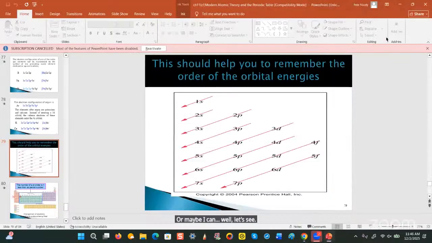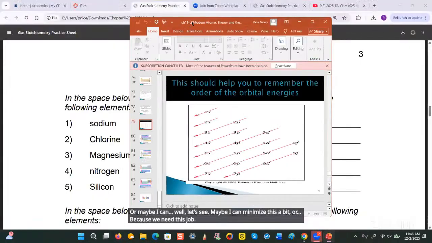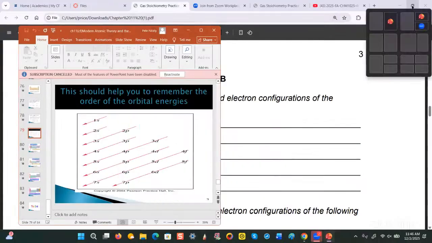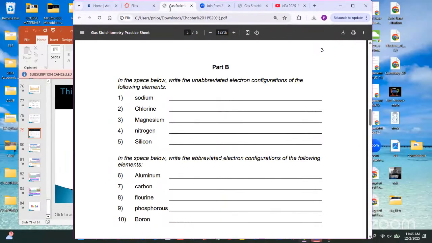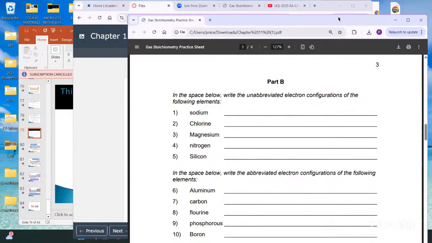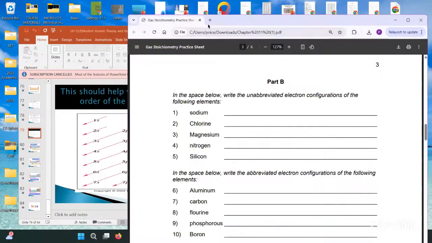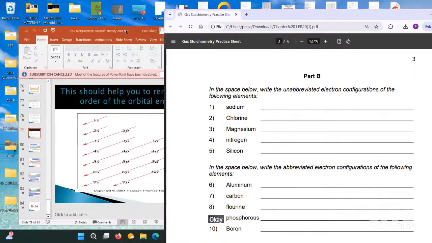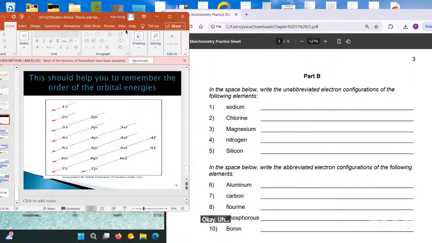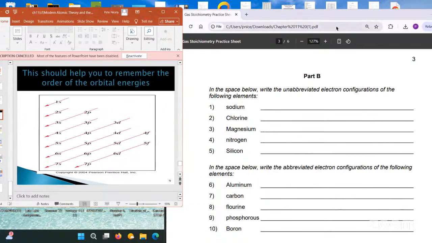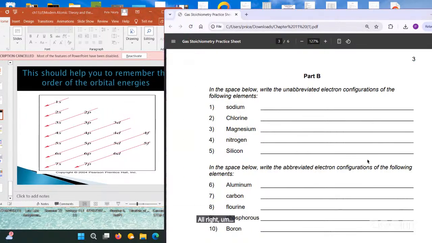Maybe I can minimize this a bit, because we need this chart. All right, let me see. Okay. I guess we can, can you all see that? All right. Okay.